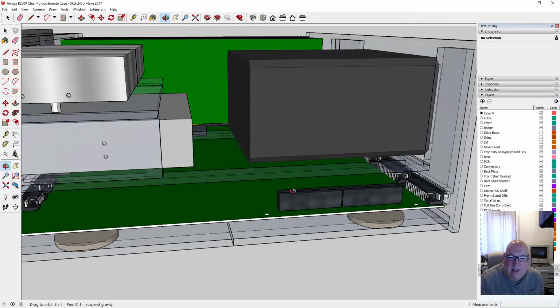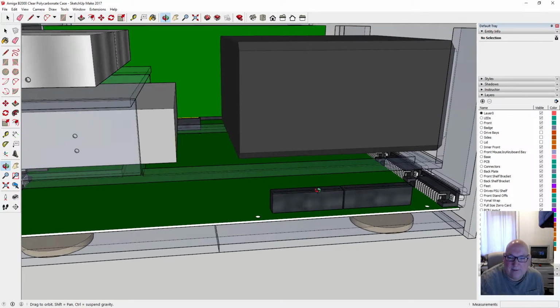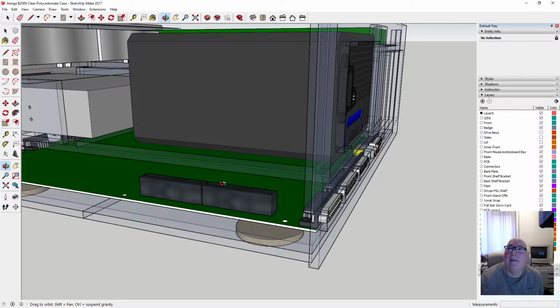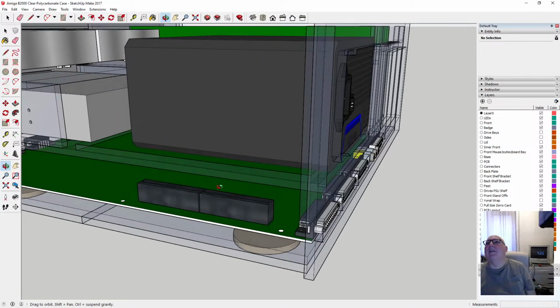Right, we've got to model some kind of card now. Well, it just so happens that I've got a graphics card, so... now, what did I do with it? I put him away, did I?